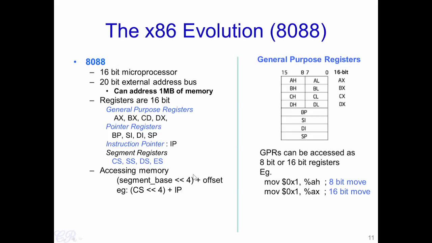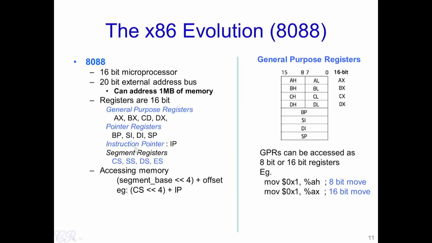For instance, in order to fetch one instruction from the memory into the processor, the CS register would be used. The CS register would be the base for the code segment. It would be left shifted by 4 and the IP, or the instruction pointer, would be added to that.